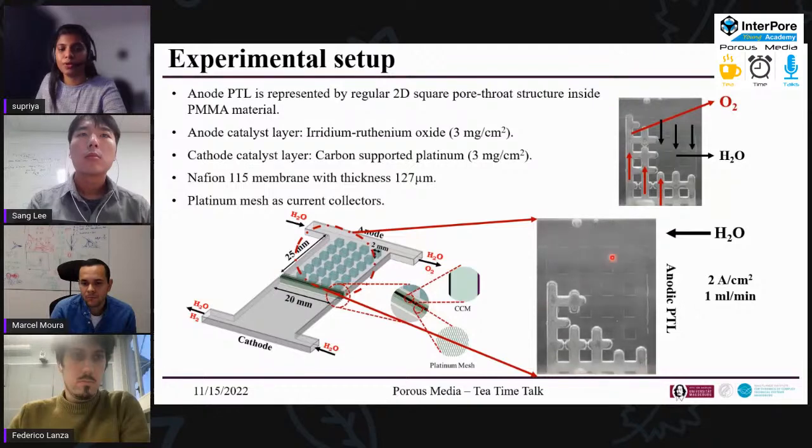The white here shows the water and the gas flowing from the bottom to the top. We can also see it being removed by the flow of water, and we can again see some refilling of the water taking place.